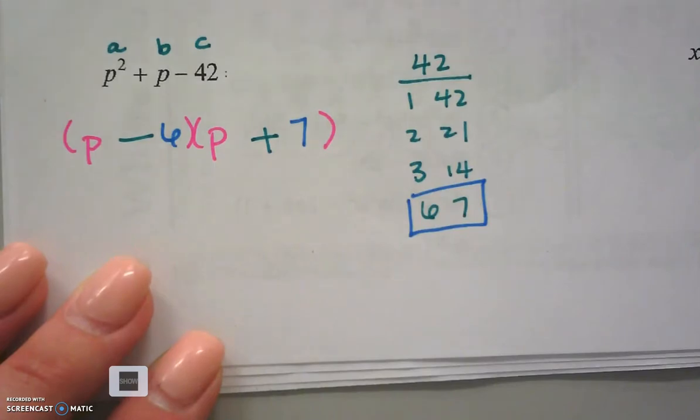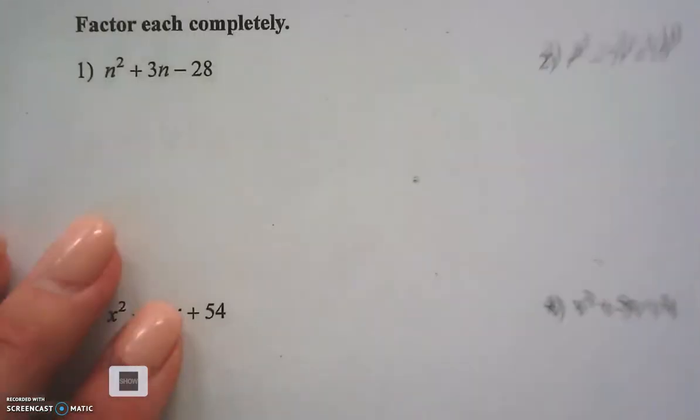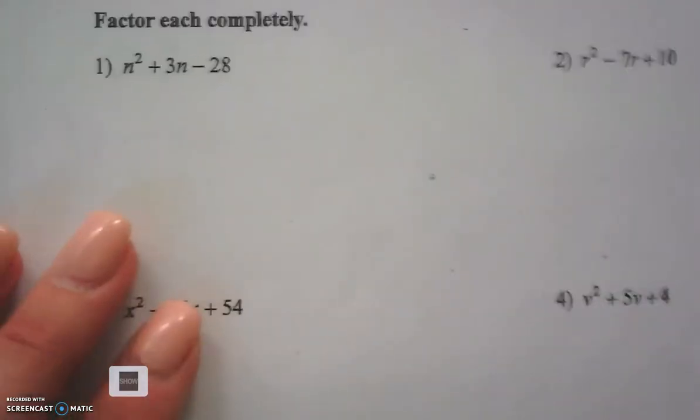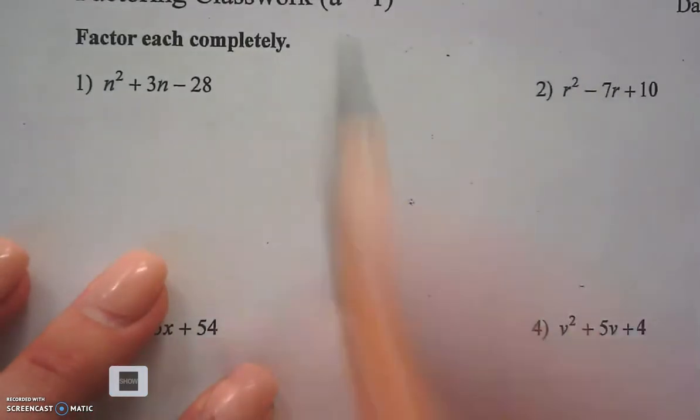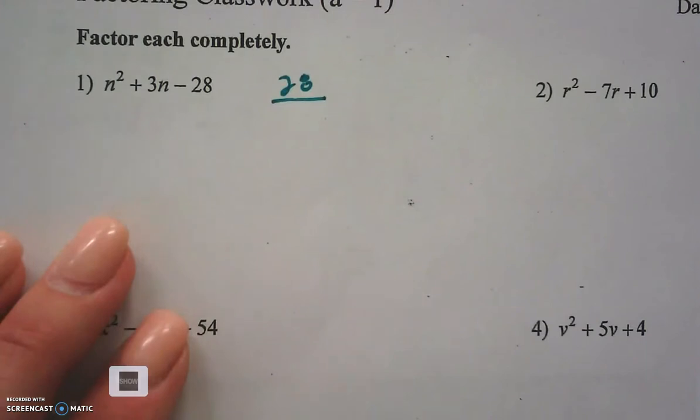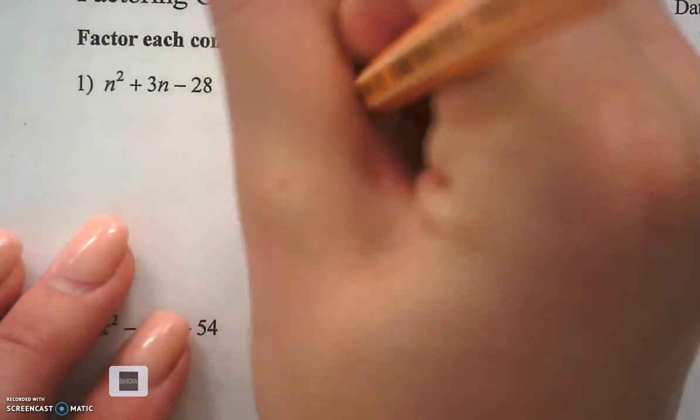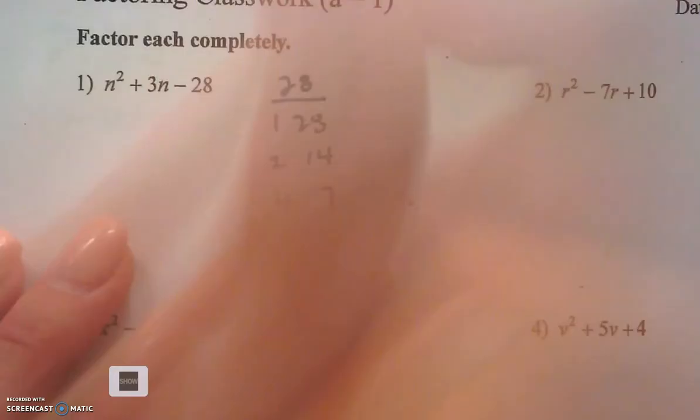So let's look at a worksheet with some extra problems. Wherever you like to take notes, or find this worksheet in your packet, let's look at two more examples. What multiplies to be 28? So 1 and 28, 2 and 14, 3 can't, but 4 and 7 can.